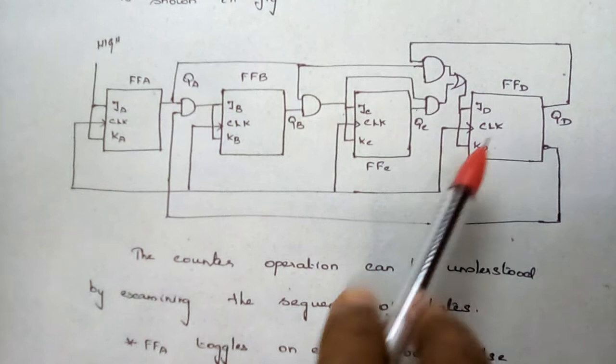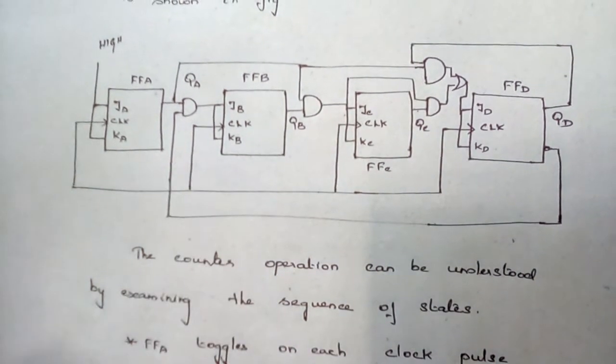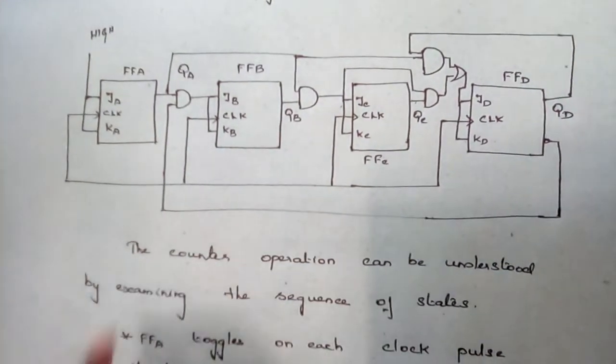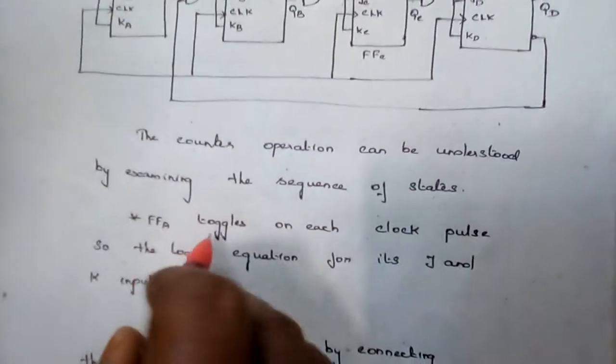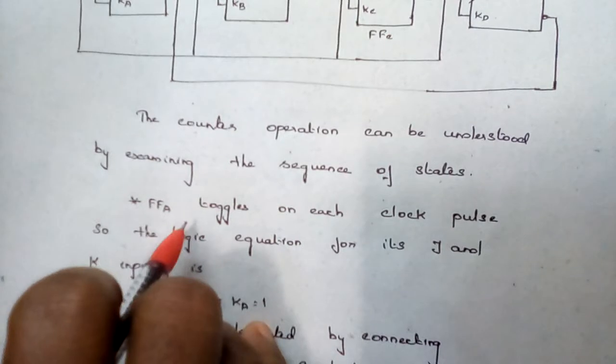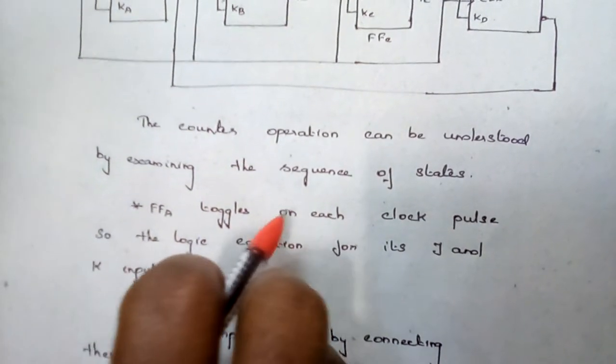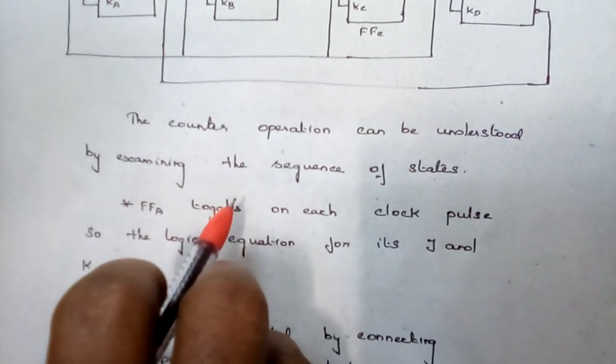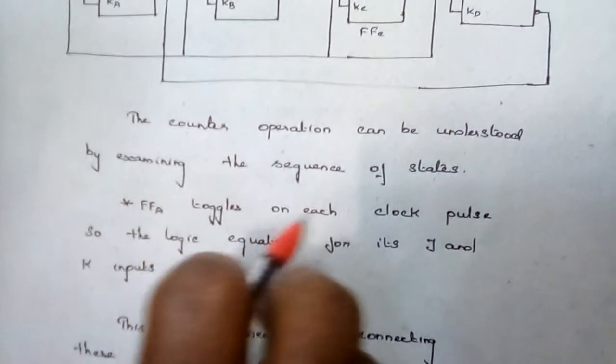This is the simple operation of the synchronous decade counter. In the coming session, let us discuss how it toggles and changes its state, and how the AND operation happens and changes the state.